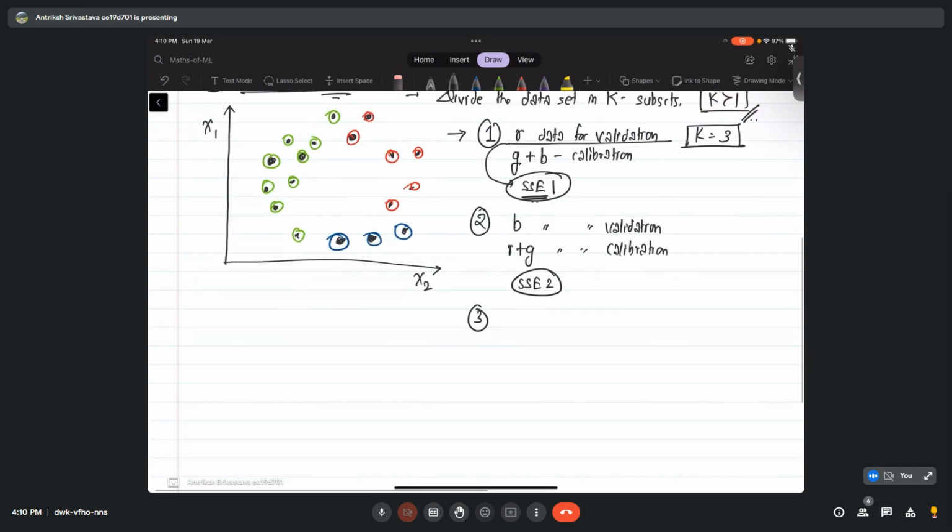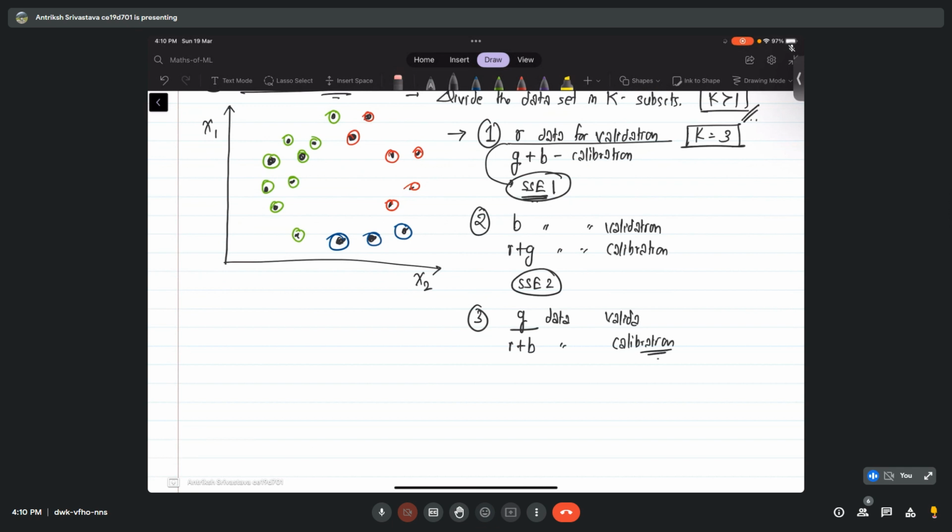In the third case, you would be realizing that we are going to take green for the validation and we are going to use red plus blue for calibration.